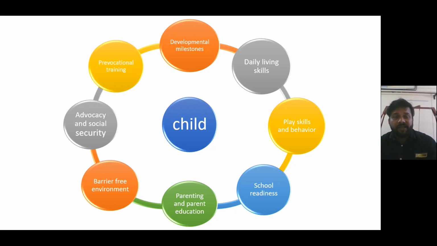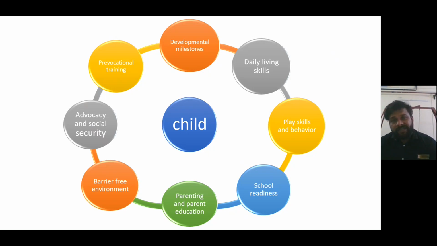Pre-vocational training is also one of the components, as children with Down syndrome move from childhood to adolescence. When they approach adolescence and enter the transition to adulthood, they need some pre-vocational training. It depends on the child's interest.